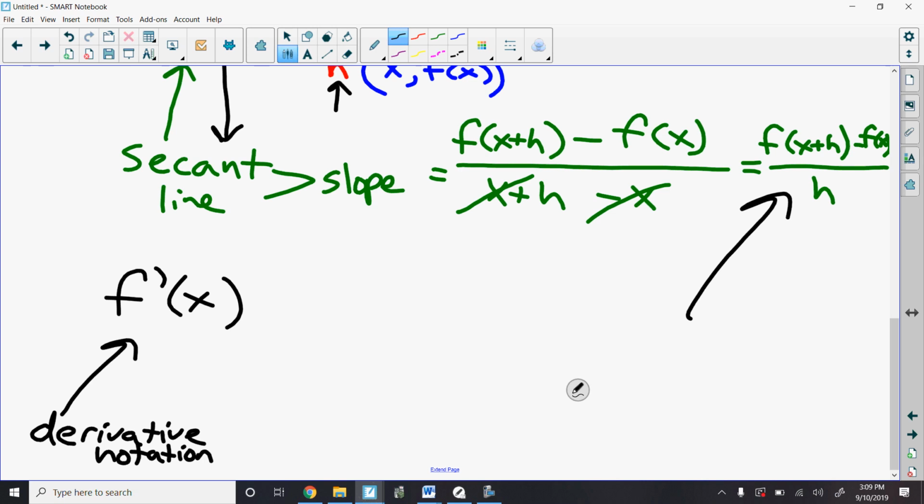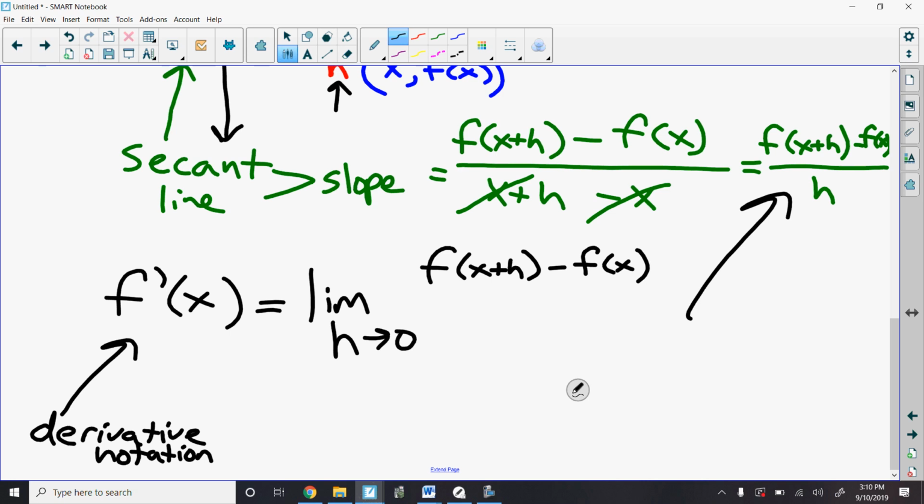That's our derivative notation. Well, the definition of a derivative then is we do the limit as h, the distance between those 2 points, goes to 0 of f of x plus h minus f of x over h. Now, what's going to happen if we plug in 0 for h? Well, then we get f of x minus f of x, which has to be 0, over h, which is 0. We get 0 over 0.